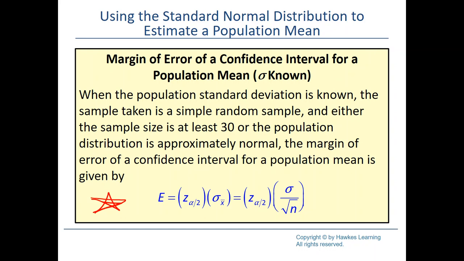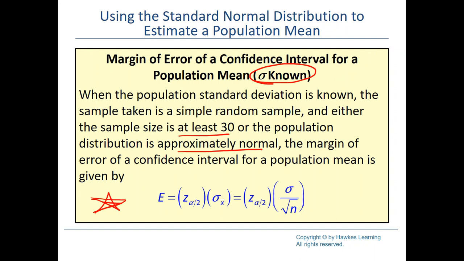Do understand that this formula is only if you actually know the population standard deviation, and it meets the following conditions: a sample size of at least 30, or the population is approximately normal to begin with. We'll look at some things that are not later, but get this idea down.